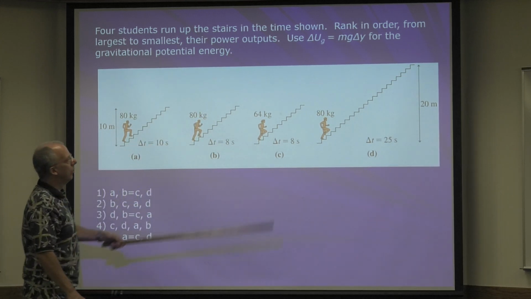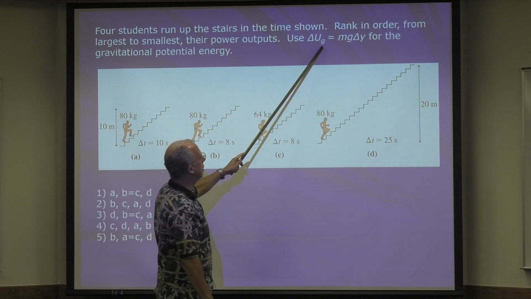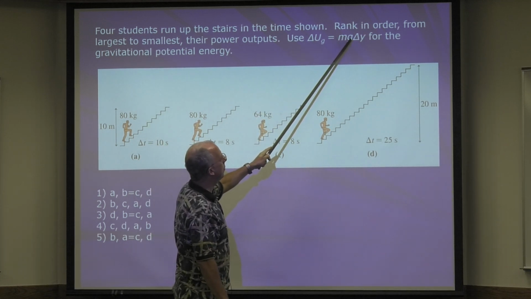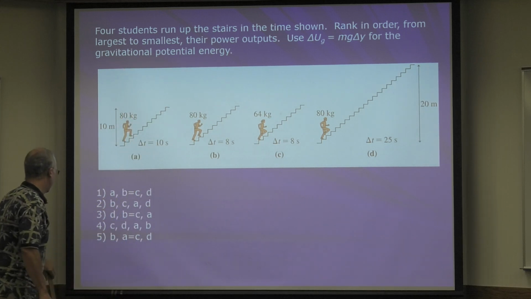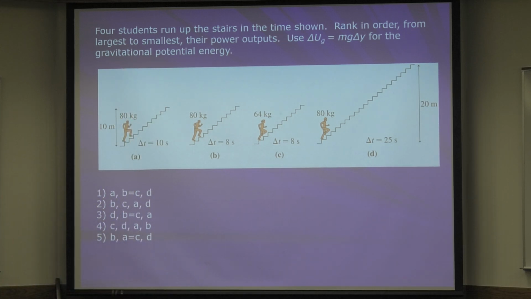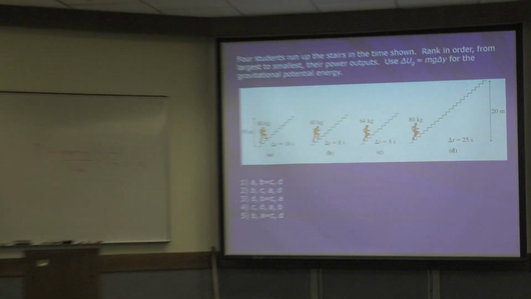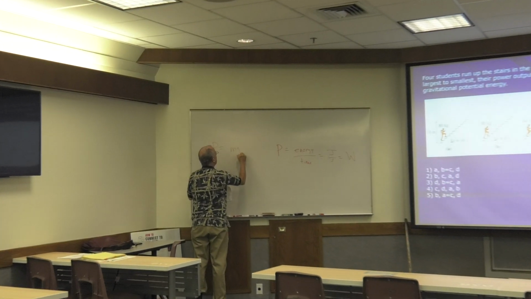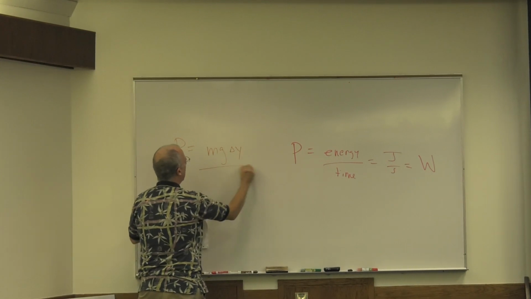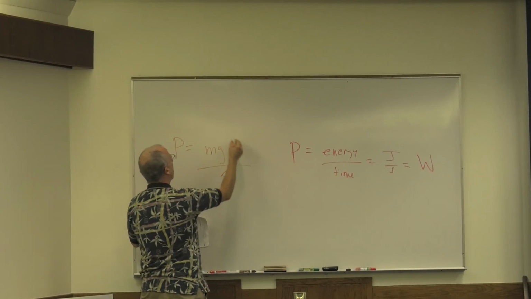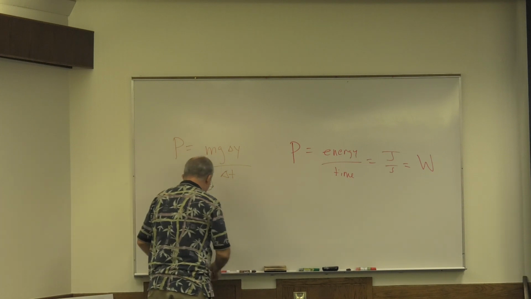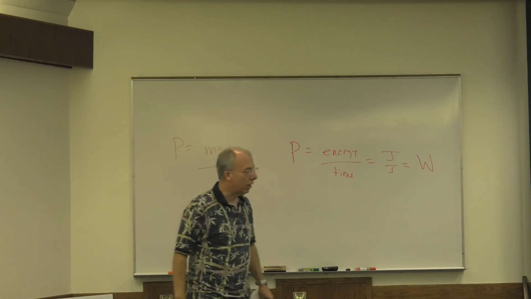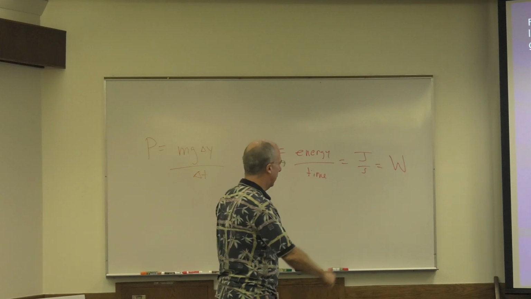So use the change in potential energy equals mg delta y for the gravitational potential energy. So what does that mean? It just means that the power is going to be mg delta y over delta t, right? The change in energy over the change in time. So everybody pause your video and figure it out.